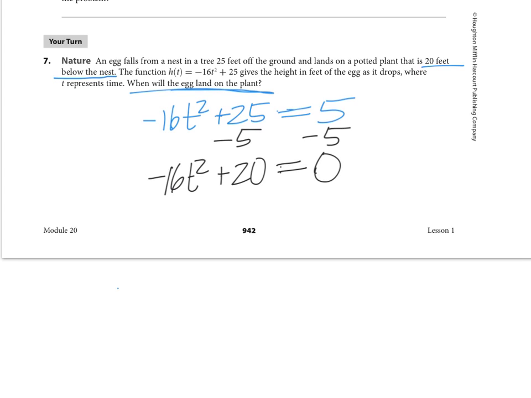So if you find the positive one, you should get approximately 1.12, and then t was represented in seconds. Now, there was another answer, which was the negative one, but again, the negative is not applicable in this problem because you can't have a negative time. But if you did find the negative zero, you got negative 1.12. Okay, but again, that doesn't apply because you can't have negative time.